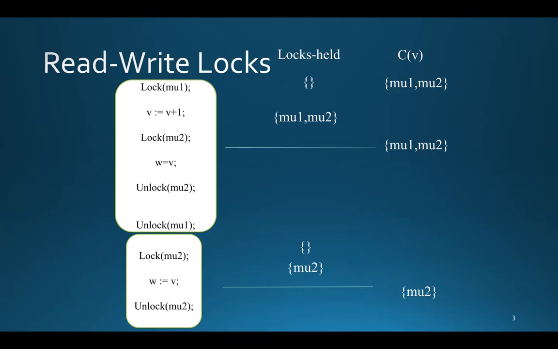If no threads have locked the read-write lock for writing, and no threads have requested a write lock, then multiple threads can lock the lock for reading. The next one is the write lock. If no threads are reading or writing, only one thread at a time can lock the lock for writing.